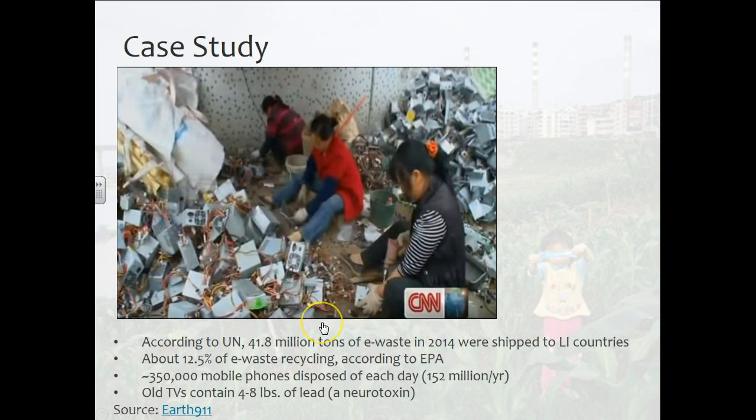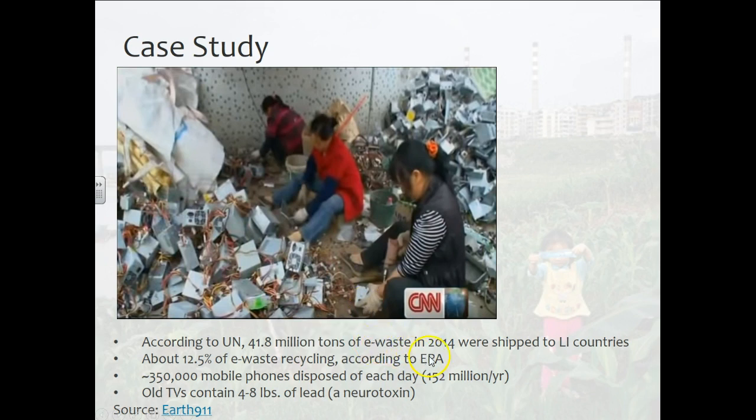As you saw in the video, there are people physically taking apart this electronic waste, and a lot of the waste seeps into the ground. It's not properly maintained. You have people not even wearing masks, who could be breathing in fumes. There are examples of kids running around on these piles.